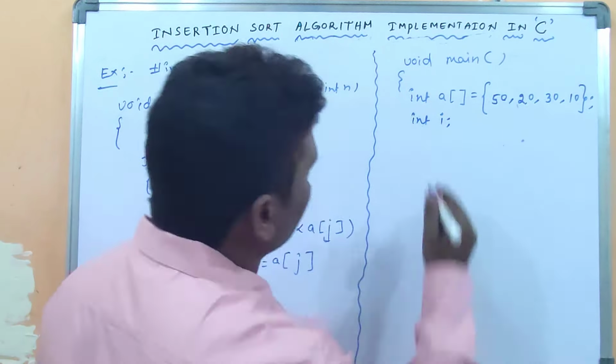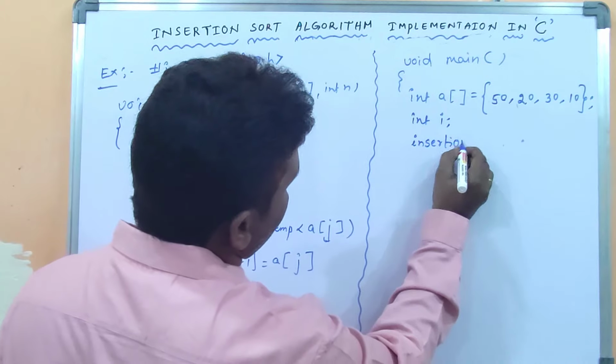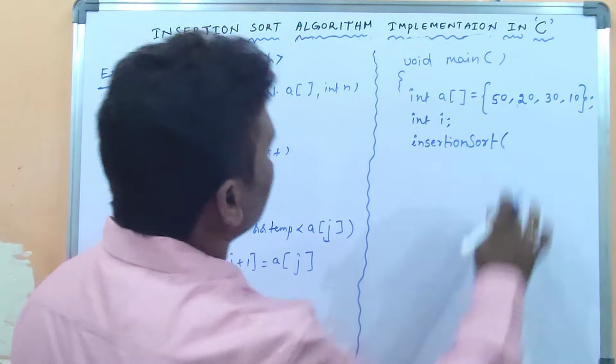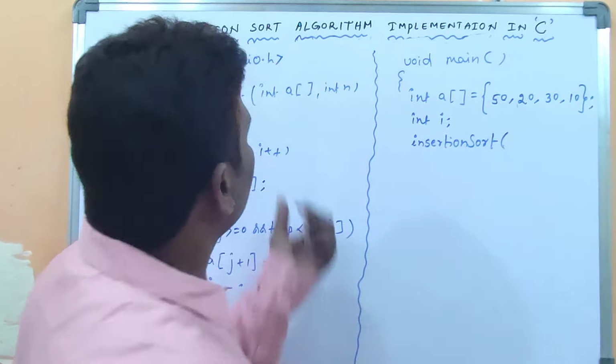Then we call the function insertionSort. If you want to pass the array to the function, you should pass the name of the array. You know it already. Then what is the size? Size is 4.